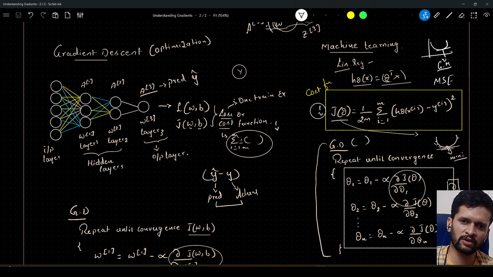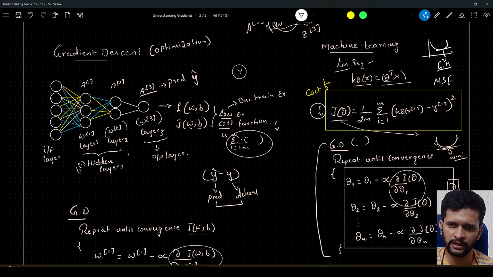Now coming to this neural network, where we have three layers: an input layer, two hidden layers, and one output layer. We have our activations associated with layer 1 as A1, layer 2 as A2, and layer 3 as A3. Instead of thetas, we have weights and biases associated with each layer. We call these W1, W2 and W3, and similarly we have biases B1, B2 and B3.